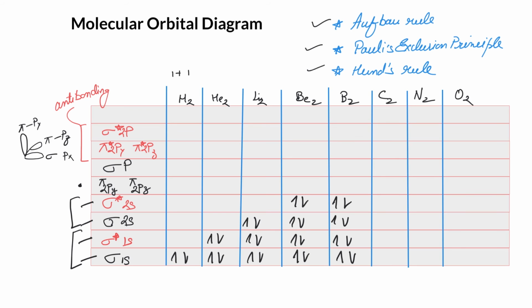So you have 2p, pi 2py and pi 2pz. So you have to first fill both of them singly, right? So this is what I am going to do first, right?